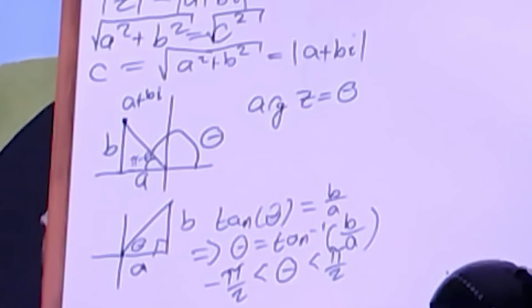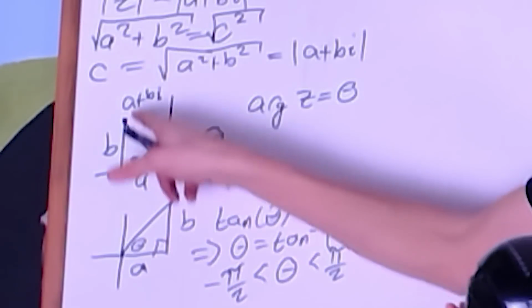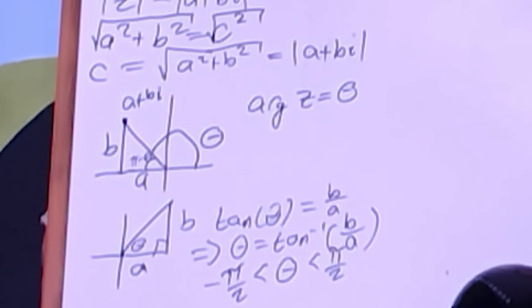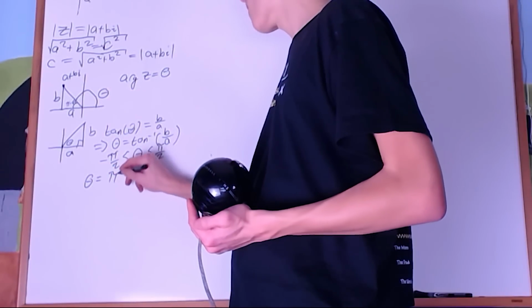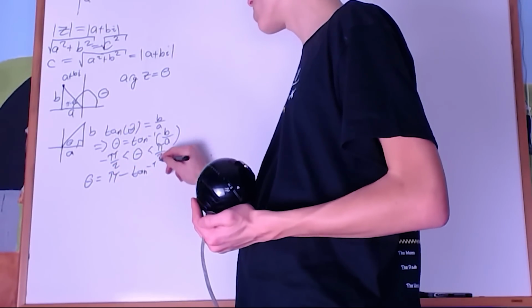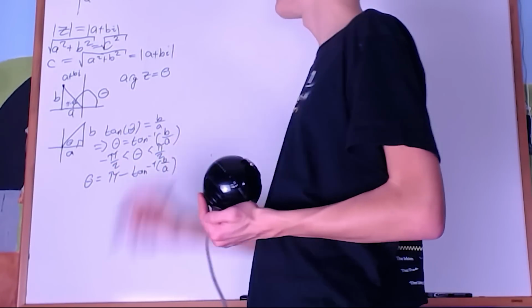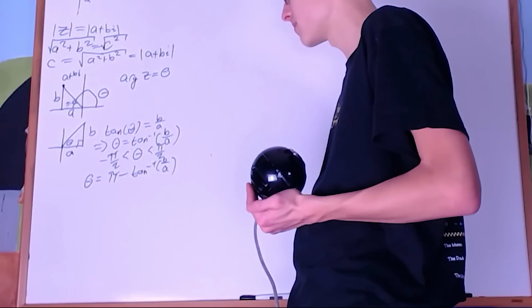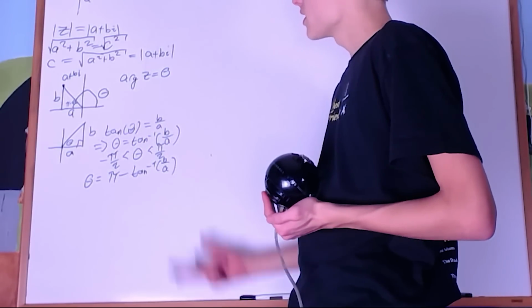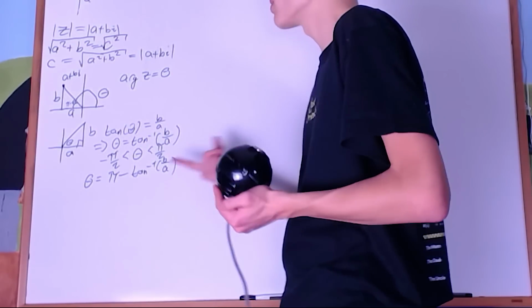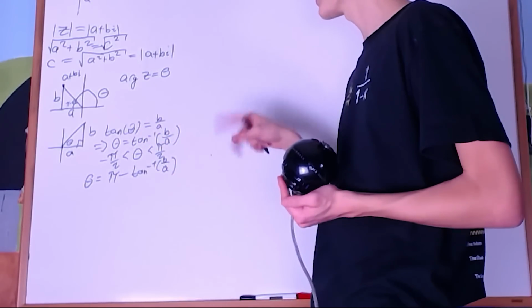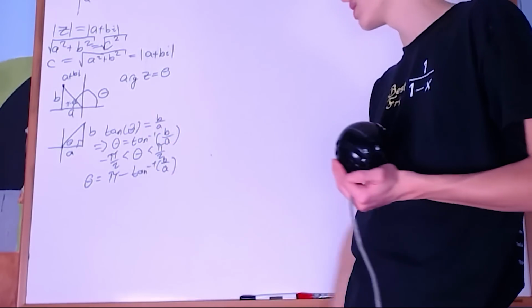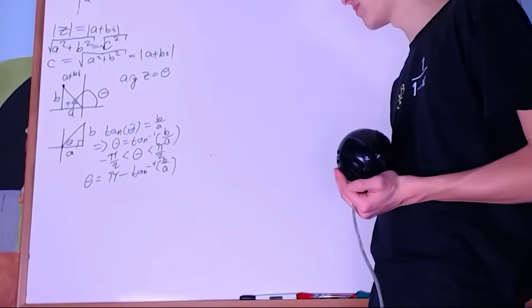If theta is outside of that region, meaning it's in one of these two quadrants, then we have to take theta equals pi minus tangent inverse of b over a, just so we get the correct answer. This allows us to account for the angle being between 0 and 2 pi instead of just negative pi over 2 to pi over 2.